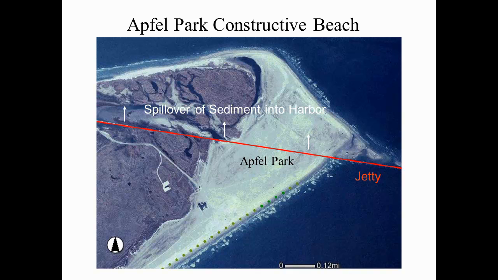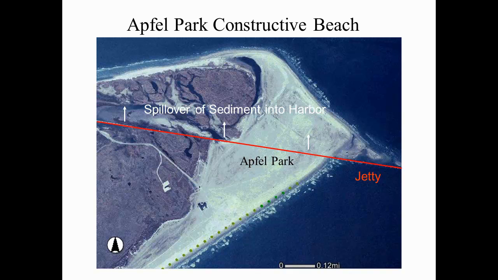A lot of that sediment has actually spilled over into the harbor, creating that landform, which is shown in this particular photograph. If you're going on the Galveston field trip, our second stop will be Apffel Park, and we're going to look at this huge buildup of sediment right against that south jetty.